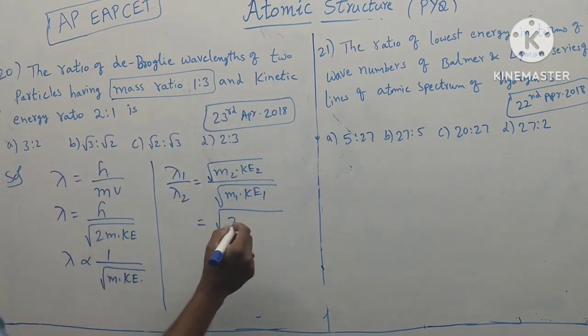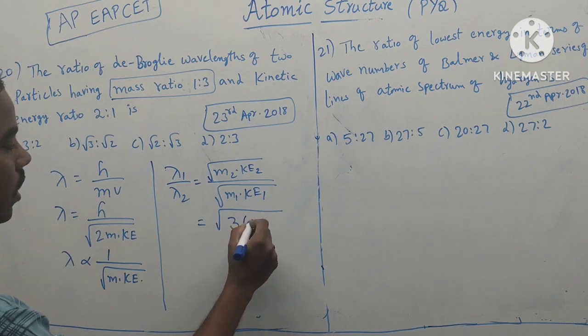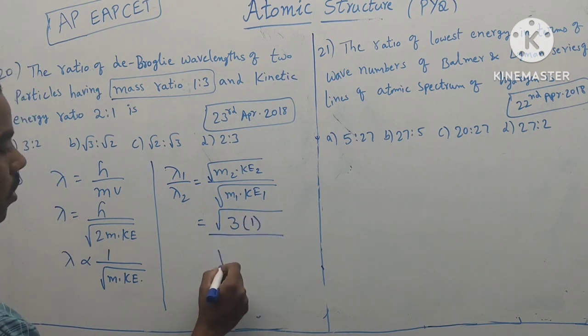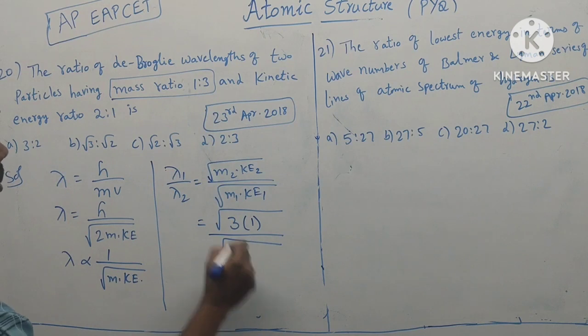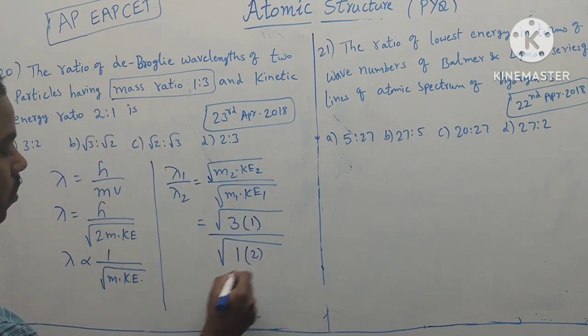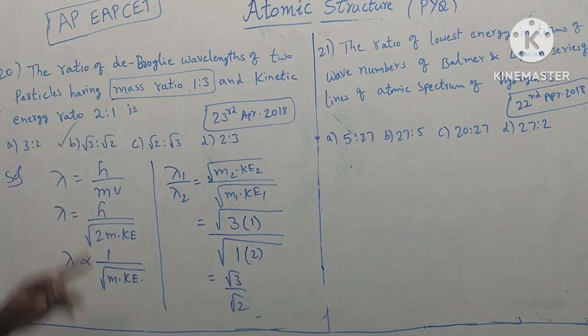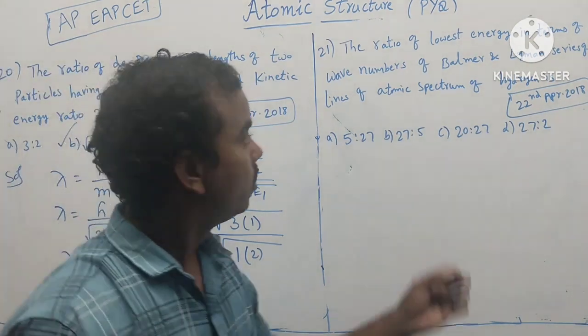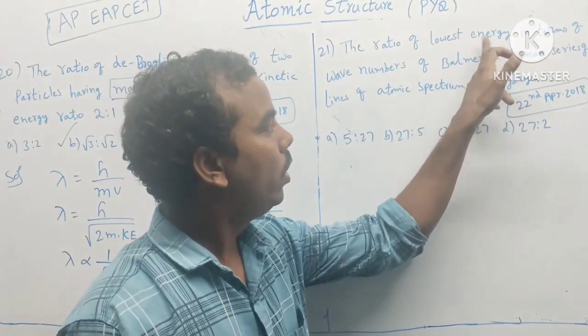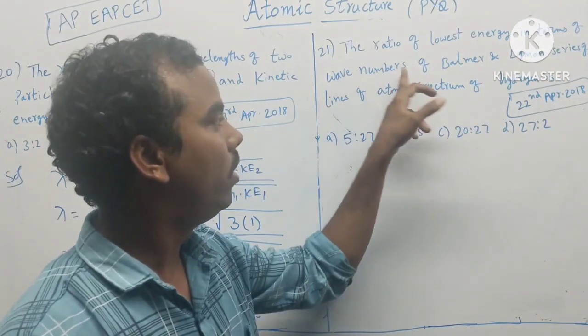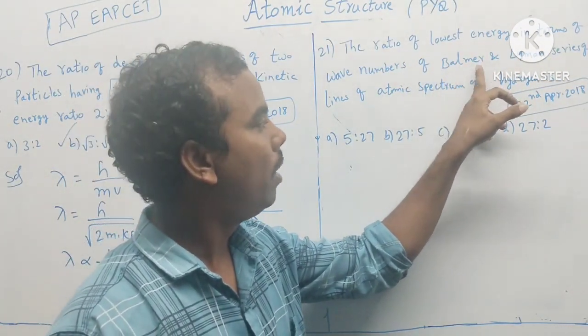Kinetic energies ratio 2:1. So m1 is 1, KE1 is 2. So 1 into 2. So root 3 by root 2. Root 3 is to root 2. So answer B.